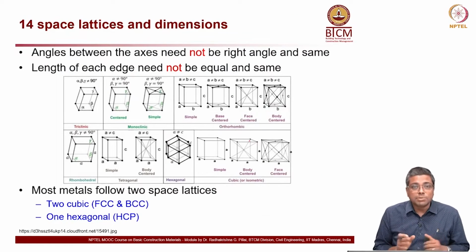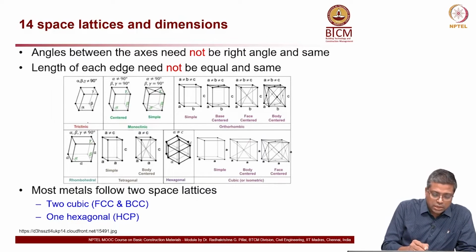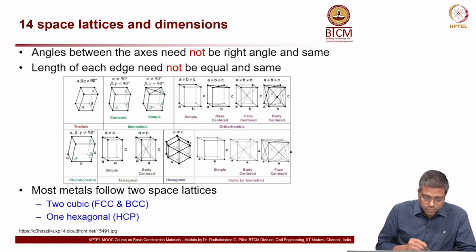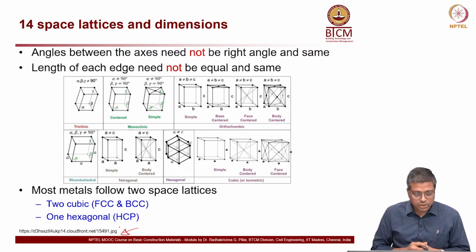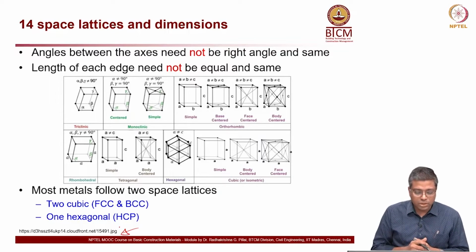Now, how many types of space lattice are there or identified? There are about 14 types of them. You might have studied this earlier also. You can see all of them are shown here. These pictures I am taking from the internet, so that it is easy for you to visualize things in a more easy manner.